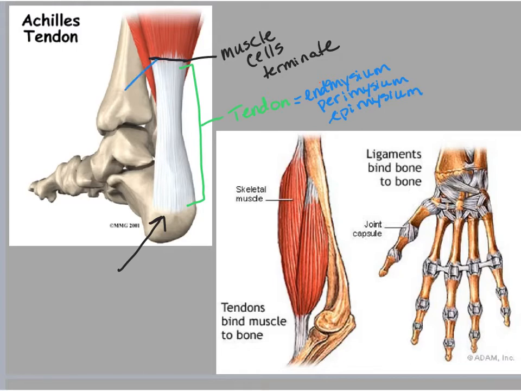So right here where the muscle cells end, the fibers of the endomysium and the perimysium just continue on as the tendon, and then ultimately those fibers weave into the periosteum of the bone, making a really tight connection.